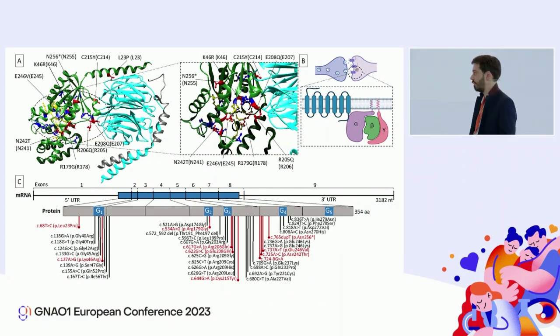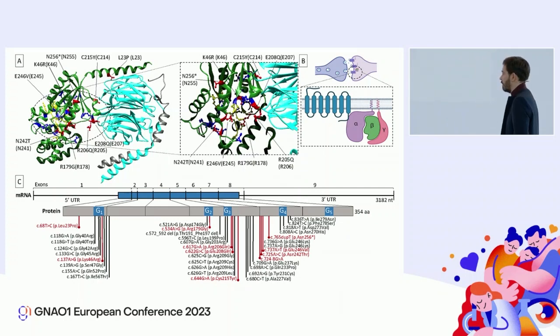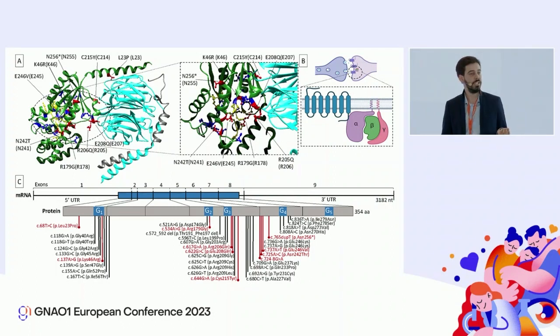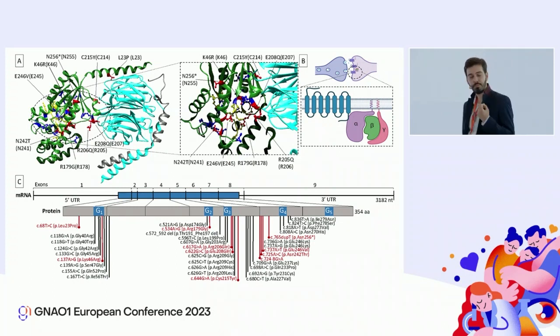In the lower figure, C, you can see all the variants that were reported at the time we published our manuscript. In black, the variants associated with the severe form of the disease, and in red, the variants we identified in our work. What was pretty interesting is that most of the variants we identified were not previously reported in the literature, which strongly argues for some kind of genotype-phenotype correlation.